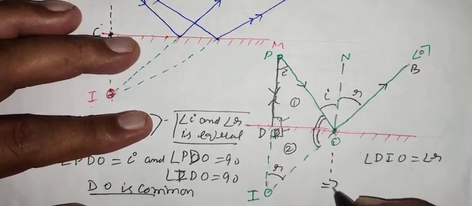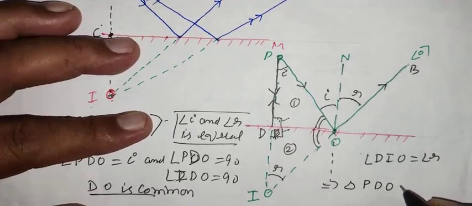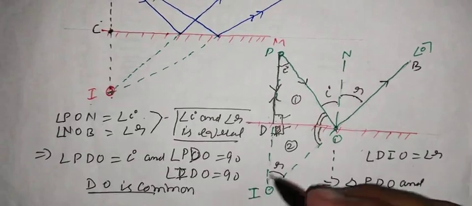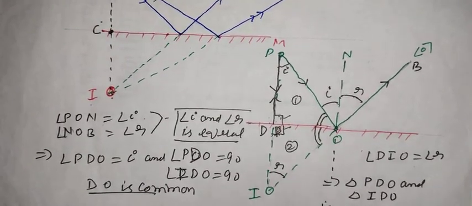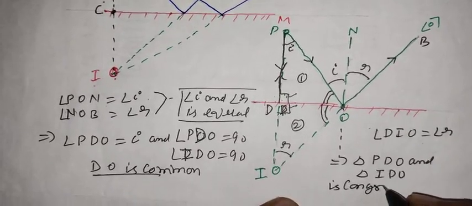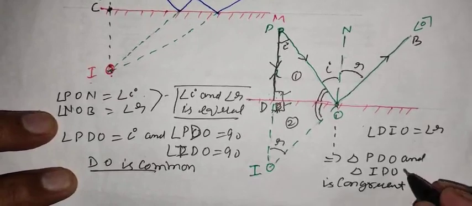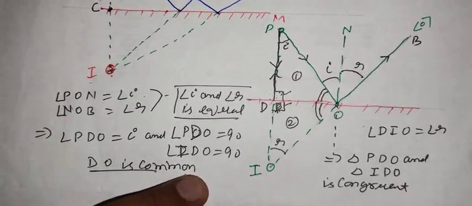This shows that triangle PDO and triangle IDO are congruent. If two triangles are congruent, then corresponding sides are equal.